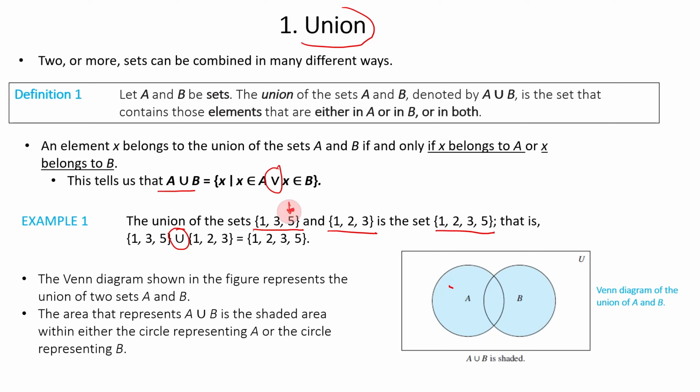It's only in A, not in B, but still it's part of the answer because I'm using or. If it's in both, it's fine, but it's one of them. This is the inclusive or, the inclusive disjunction, not the exclusive one. Remember, the exclusive one is going to be either one of them, not both at the same time. So this is not what we're talking about. We're talking about the inclusive or.